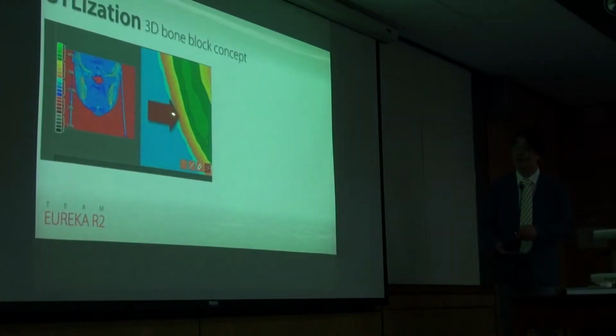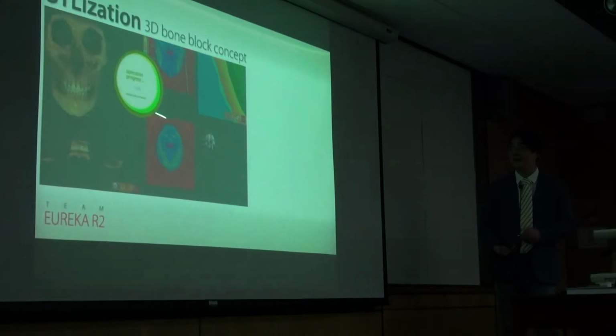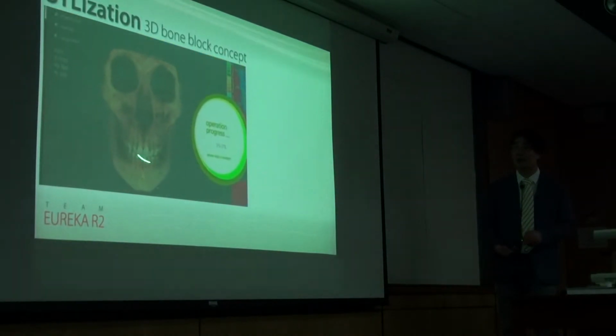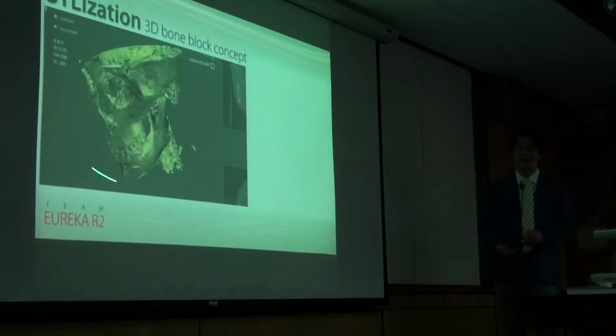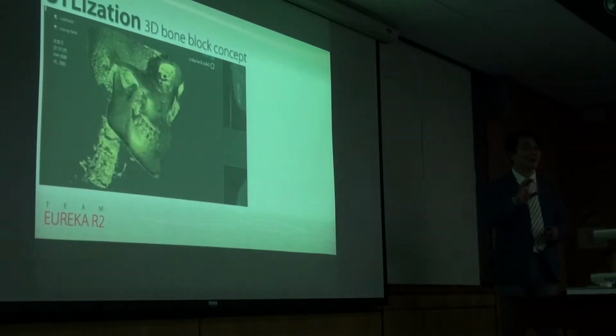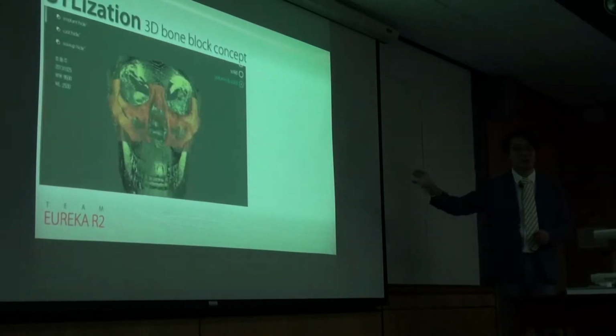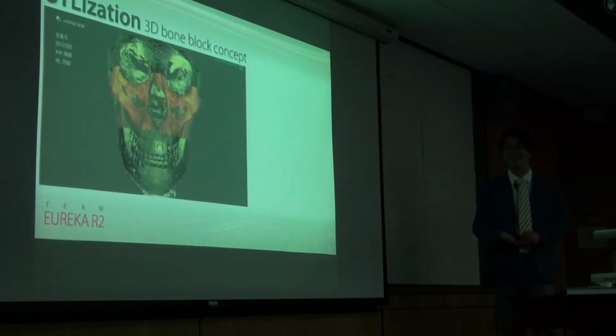So I choose this color and then press the OK button. After that, this ICON file changes into the STL files. It means we can use this STL file in the CAD/CAM systems.